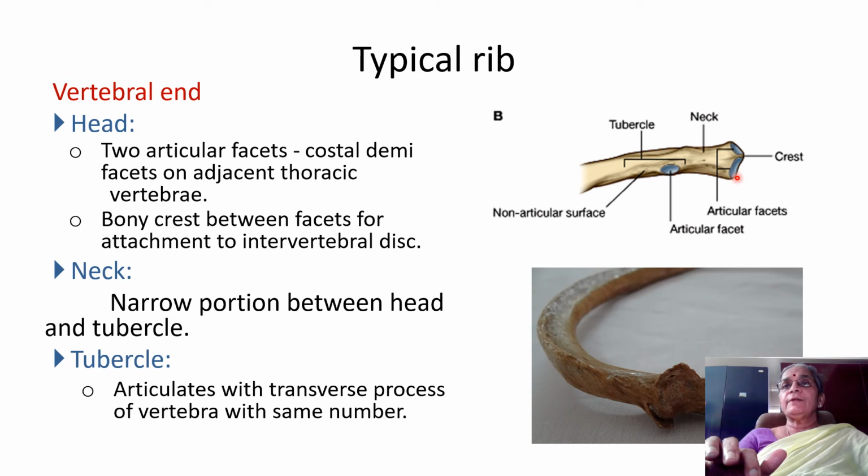That is, the superior facet of the numerically corresponding vertebra is this one, and the transverse facet of the numerically corresponding vertebra is this part on the tubercle.